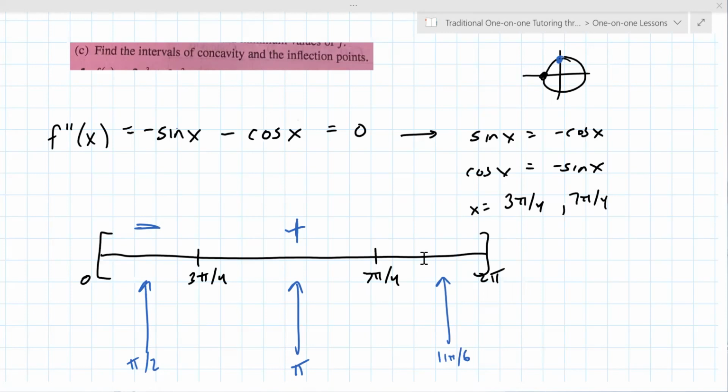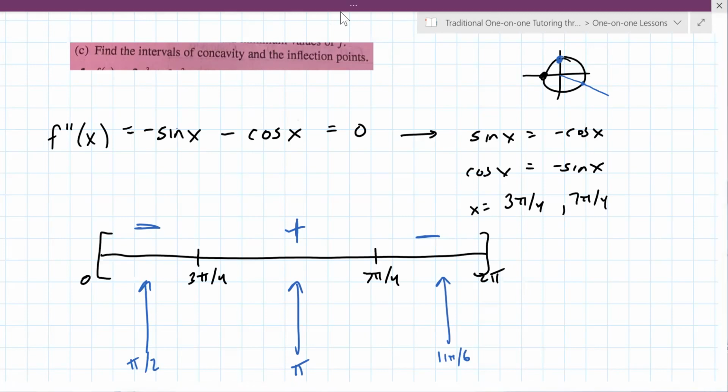So at 11 pi over 6 on your unit circle, right here, the x value, whatever it is, is positive. So this is negative of a positive. So that's a negative number. The sine value is negative, and that makes it positive, but this one is more negative than that. So that's why this becomes a negative. A lot of students use a calculator here. I know you don't have one, but if you're checking yourself, you're welcome to do that.